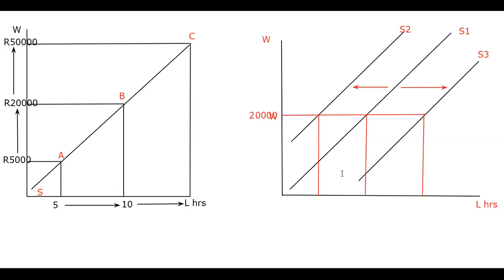The other way around, from S1 to S2: COVID-19 paid a visit to South Africa. Many workers have passed on. Will it move from S1 to S3 or from S1 to S2? South Africans have died. It will now move to S2.